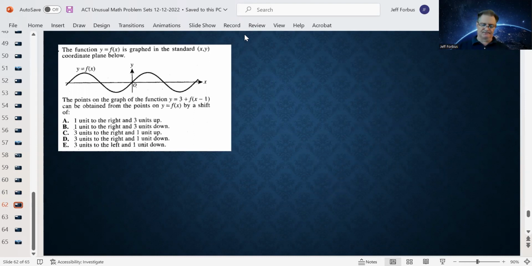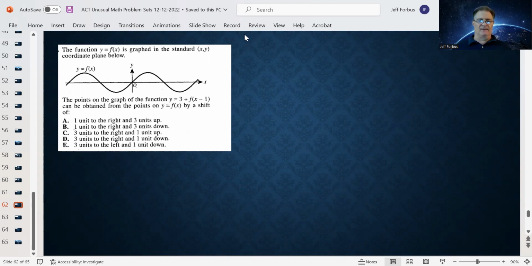So this one says the function y is equal to f of x is graphed in the standard coordinate plane below. It looks like a sine wave because it starts at the origin, but they're calling it y is equal to f of x.